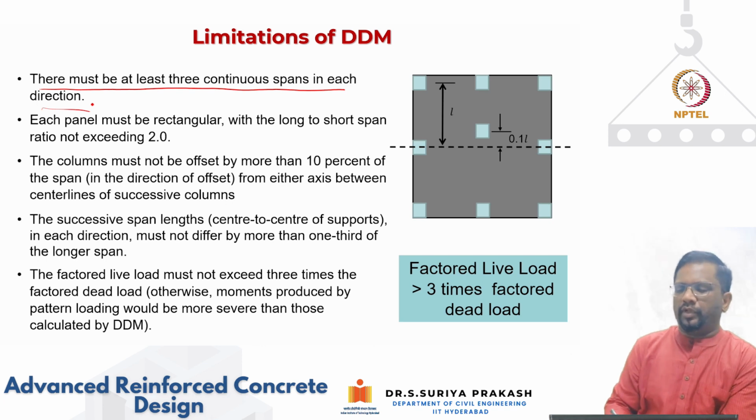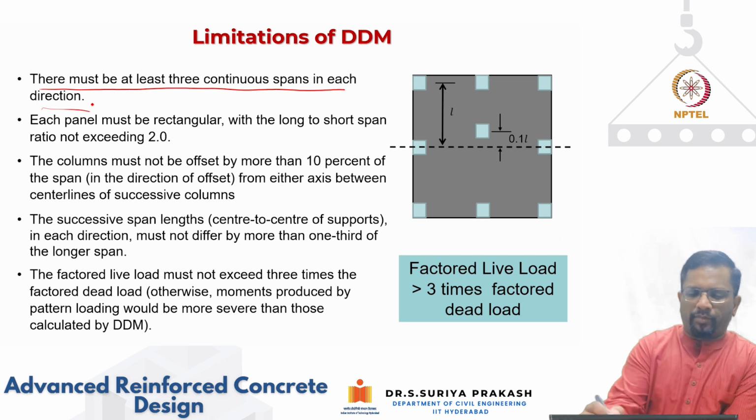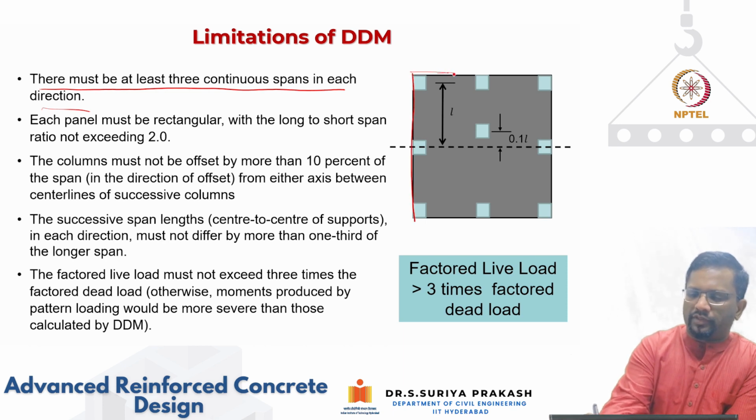So for example, when you look at this, it is not really a proper example. Anyway, if you look at, let's say that we are doing this particular slab in this direction, and then we divide them into two directions. Let's say this is your north south, and this is your east west.